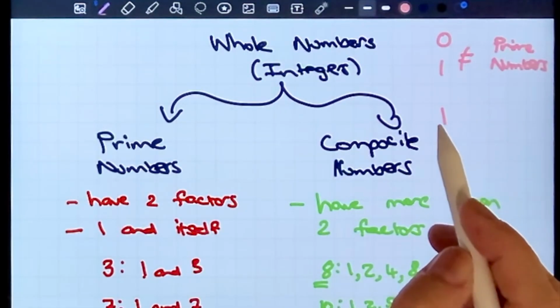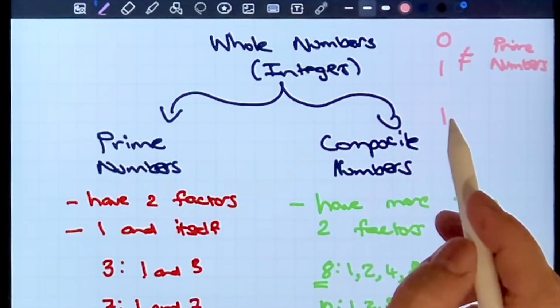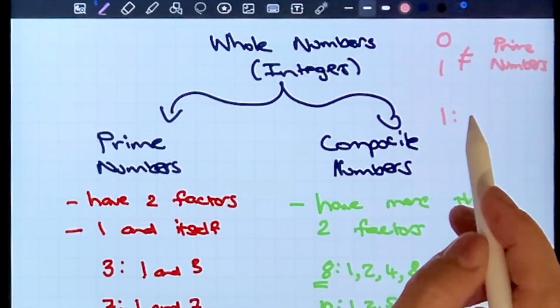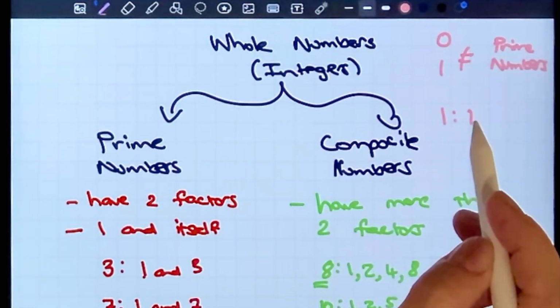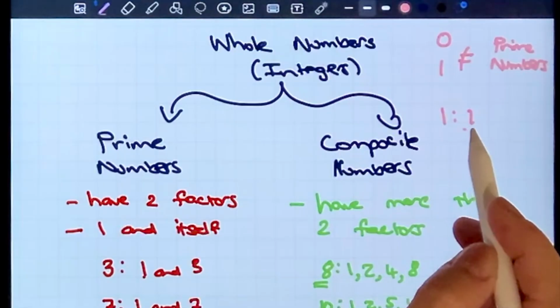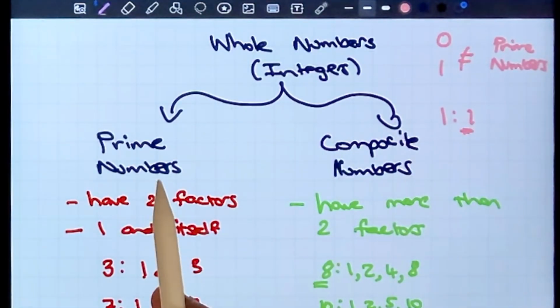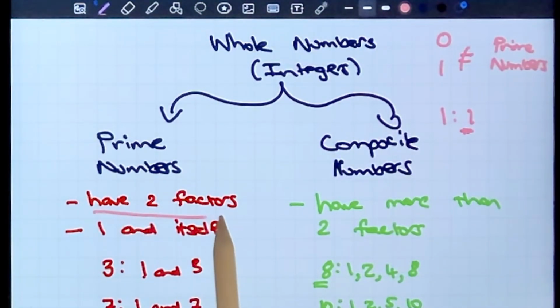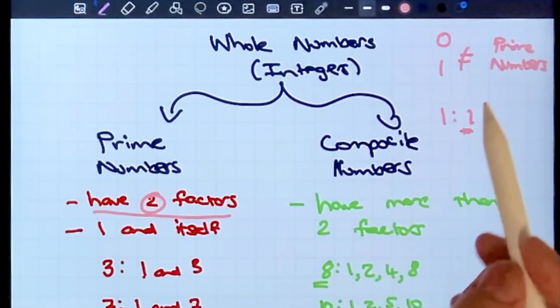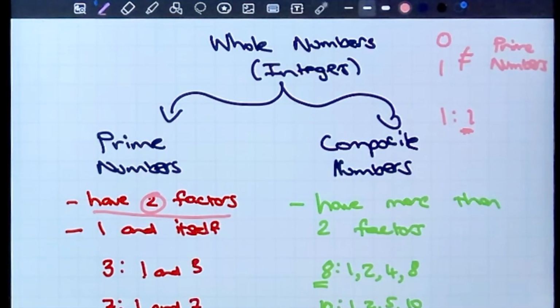So it looks like it's a prime number, but it's not, because what goes into 1? 1 goes into 1, so it's only got 1 factor, even though it's 1 in itself, but it's still only 1 factor. And remember, prime numbers have 2 factors. Okay, so 0 and 1 are not prime numbers.